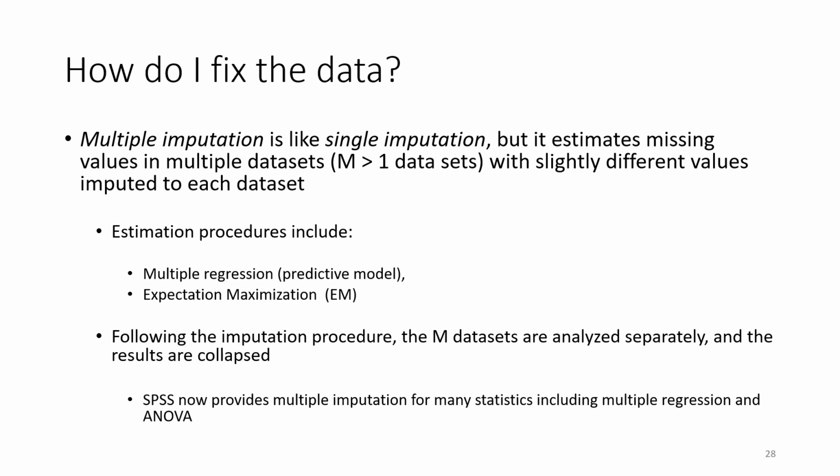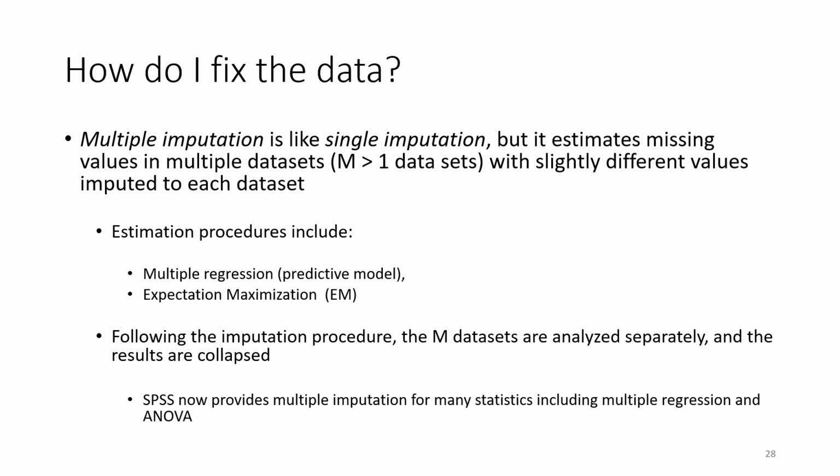So by imputing more than one value, we essentially acknowledge this problem and, between data sets, essentially create error associated with our best estimate of the imputed value. And I'll talk a little bit more about that as we continue.